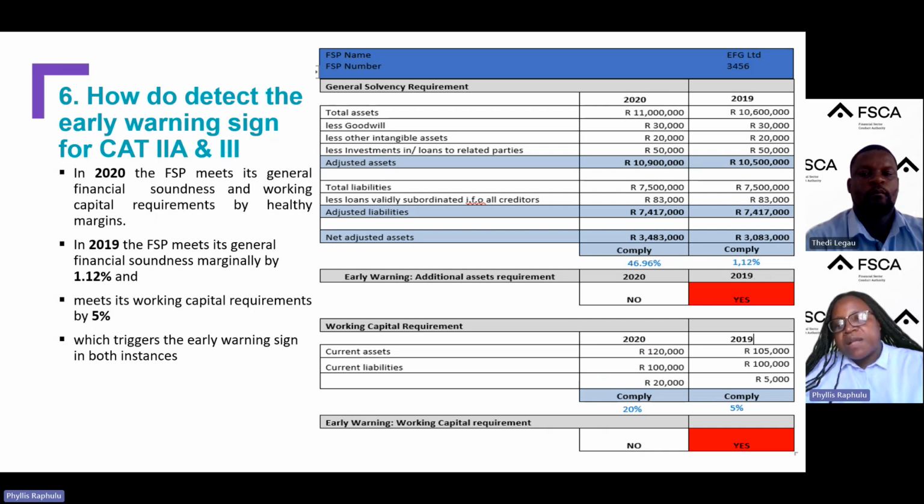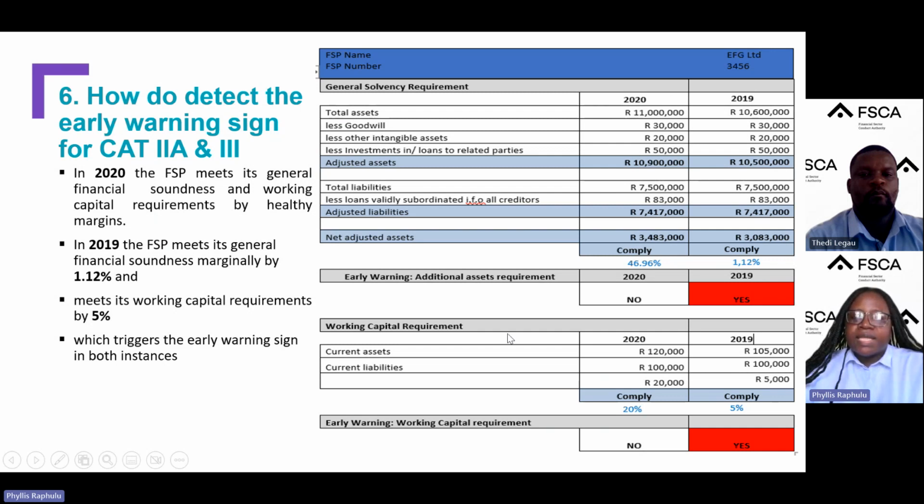And in the working capital requirement, the current assets exceeded current liabilities by 5%, which is also less than 10%. So in 2019, the FSP has to notify the authority that their general solvency requirement triggered the early warning requirement, and also the working capital requirement triggered the early warning requirement.